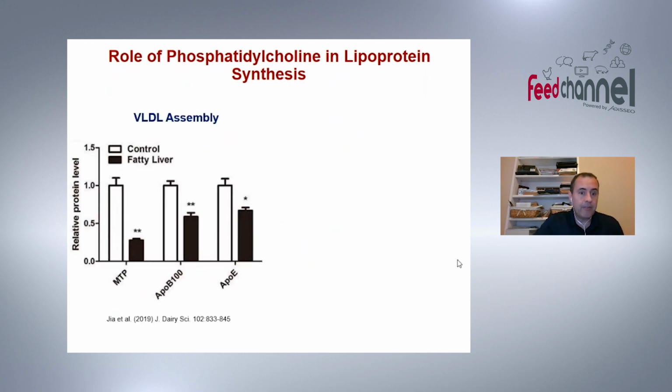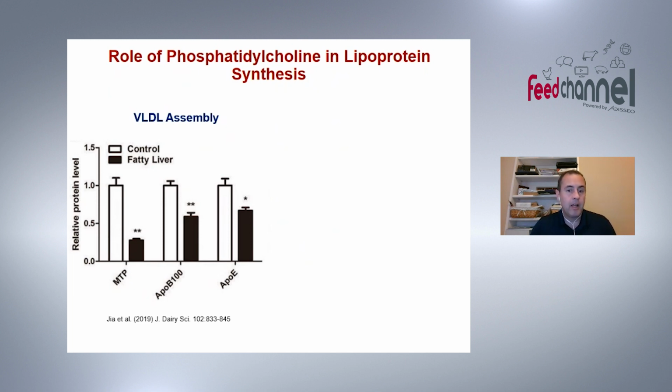And by having these lipotropic effects, they play a role in transfer of triacylglycerols from the hepatic tissue among other tissues. So here you can see in a case control type of study in which this group looked at the amount of microsomal transfer protein, the abundance of apolipoprotein B100 and apolipoprotein E.